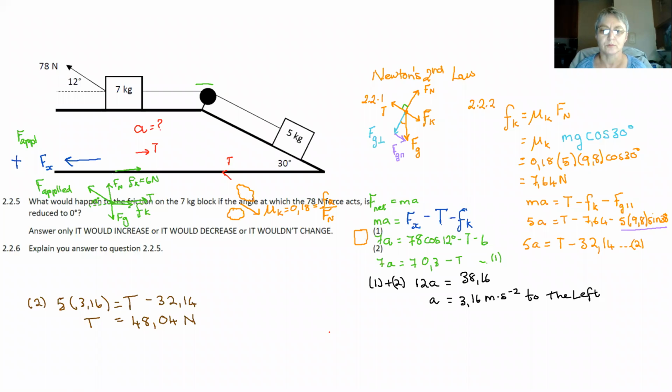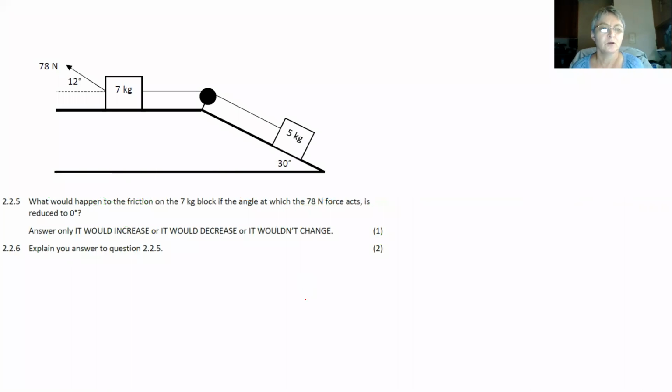And let's clear all these things. Last part of the question says, what would happen to the friction on the 7 kg block if the angle that the 78 newton force acts at is reduced to 0. Now, this 78 newton force has a vertical component and a horizontal component.